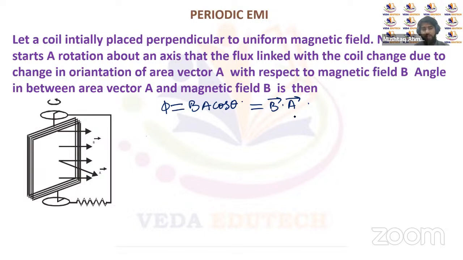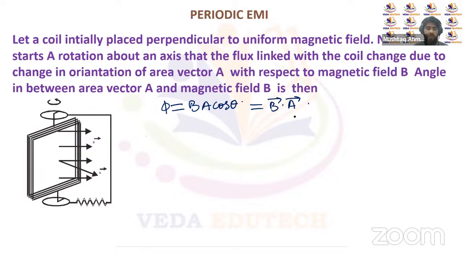So the flux linked with the coil depends upon the orientation of the magnetic field with respect to the area vector, right? Now, by changing the orientation of the field vector and the area vector with respect to each other, the flux linked with the coil will change, and it will eventually result in the induction of an EMF, right?